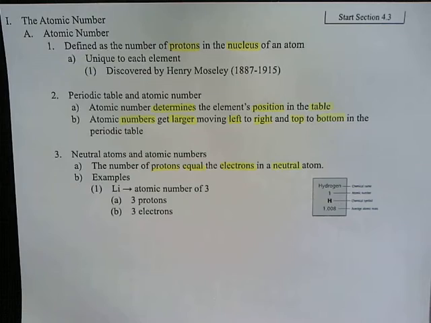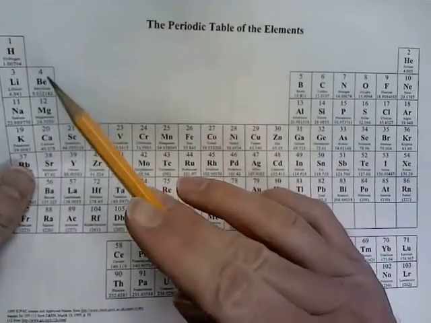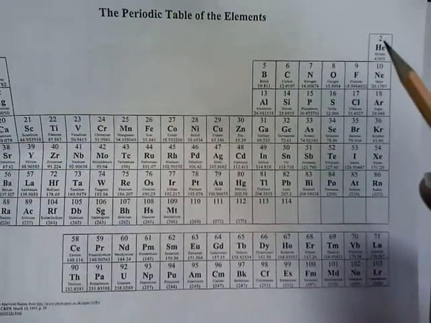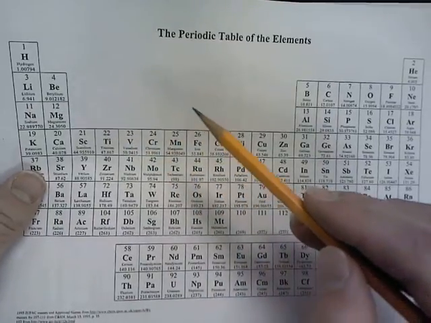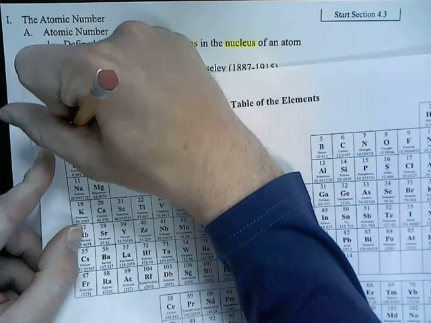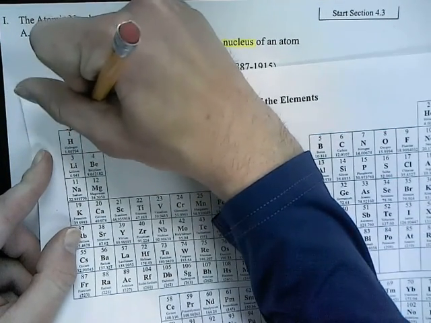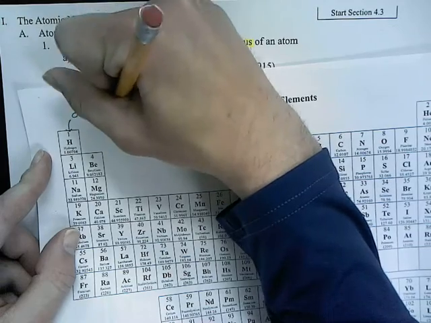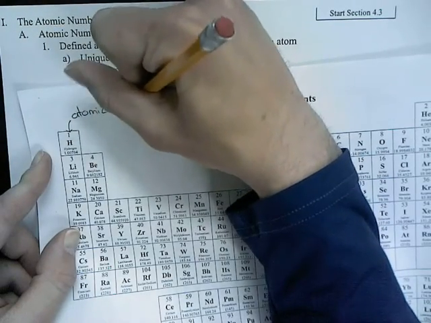So I'm going to grab a periodic table, and you should have one handy as well. As you can see, as we move left to right, the atomic number gets larger. And I'm going to make a note here that the atomic number is the whole number.